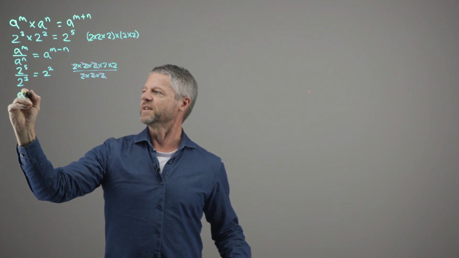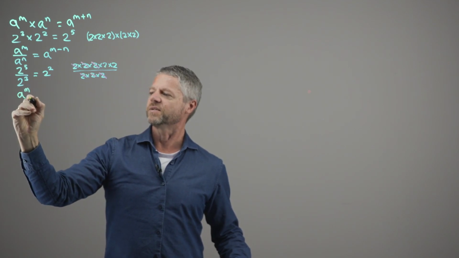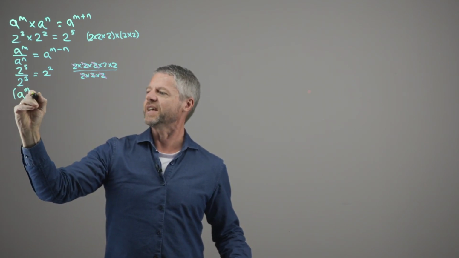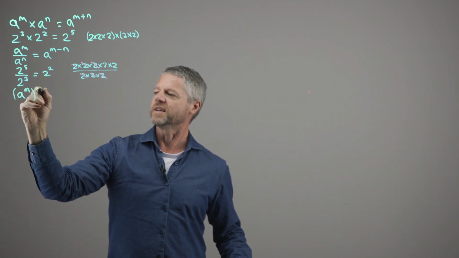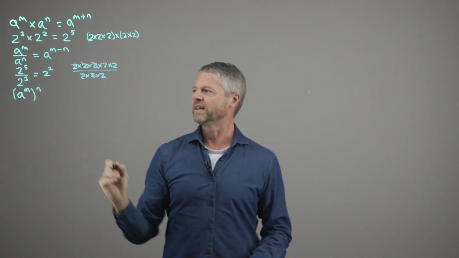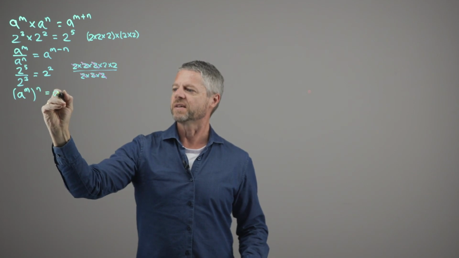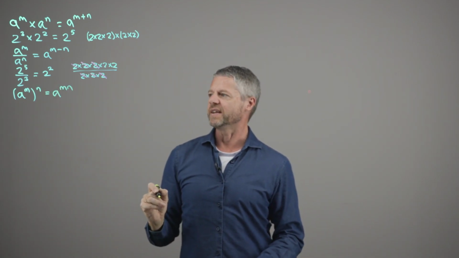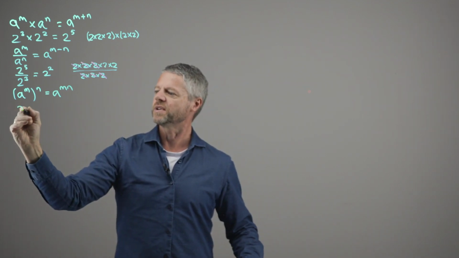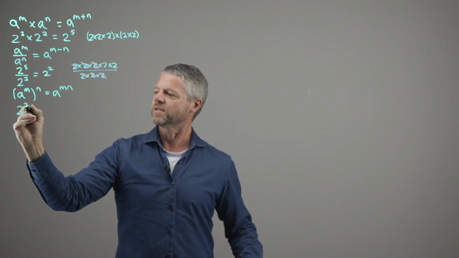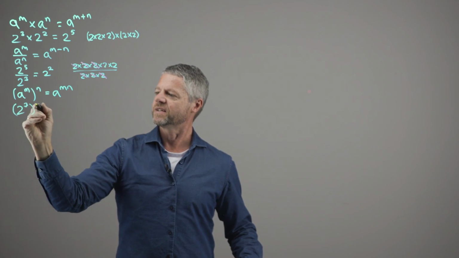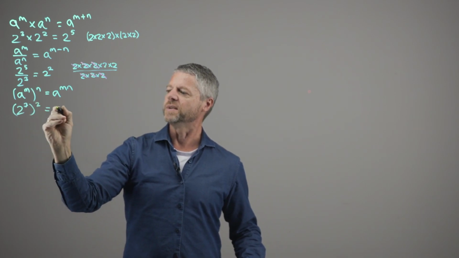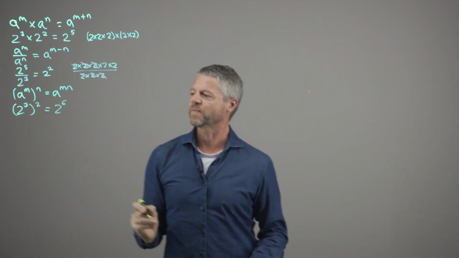And then the next example of arithmetic with exponents is if I have a to the m and then I raise that to the power n, then we multiply the exponents, m times n. So for example, 2 to the 3 squared would be 2 to the 6.